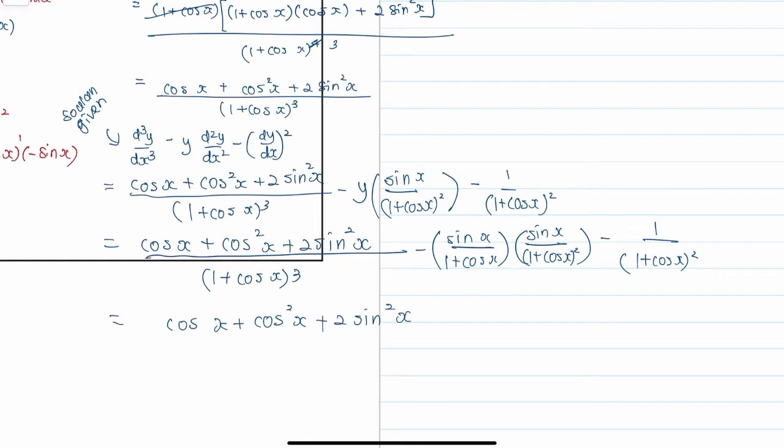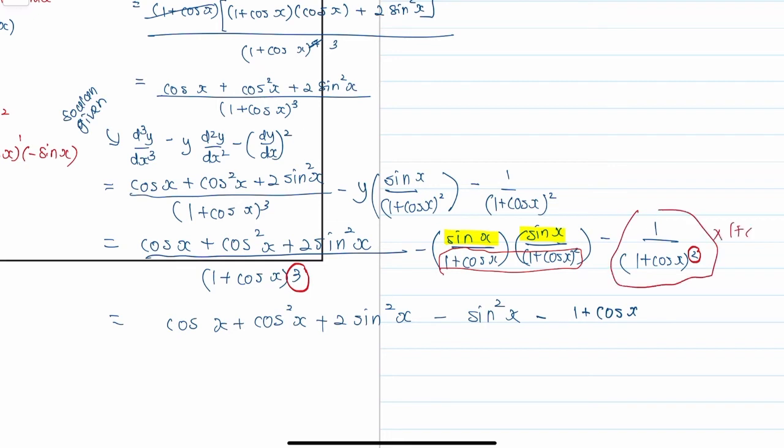Squared X minus sin squared X, sebab sin X darab sin X. Okay, so minus, okay, dekat sini saya akan buat minus 1 plus cos X. Sebab apa? Sebab this one kuasa 2. Kita nak jadikan dia kuasa 3. Okay, yang ni tak payah buat apa-apa sebab dia dah kuasa 3 dah. Okay, so maksudnya yang ini saya akan darabkan dengan 1 plus cos X over 1 plus cos X. So, everything will be over 1 plus cos X cube.